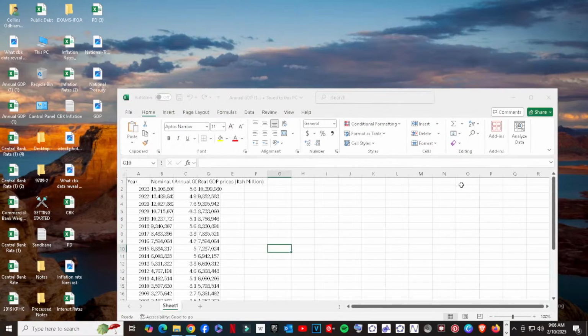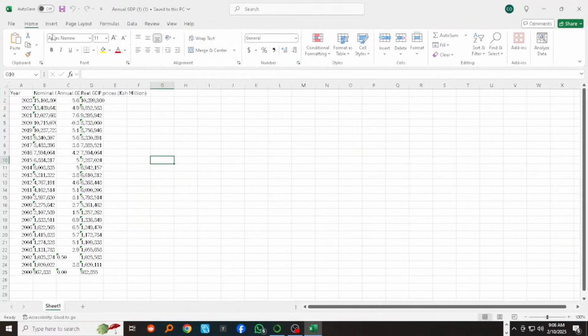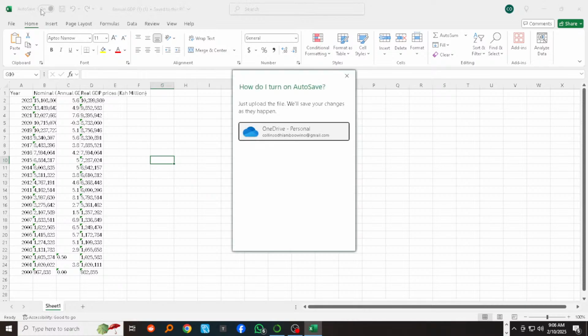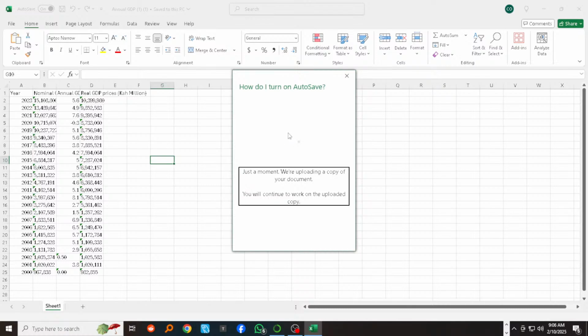These are the data that we are going to use as downloaded from the central bank website. So I wanted to take it first, then I continue.